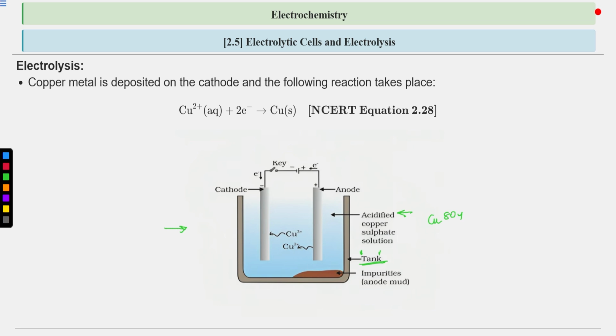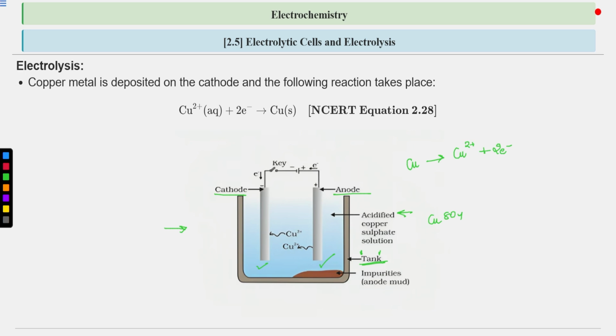This one on the right is the anode, and the left electrode is the cathode. At the anode, the oxidation process is happening with the reaction Cu going to Cu2+ plus 2 electrons.